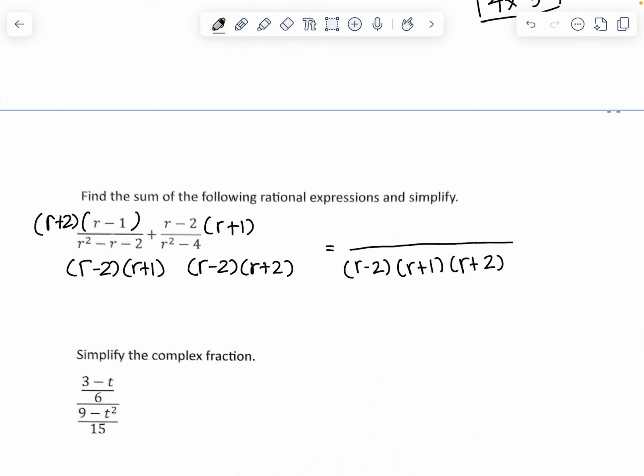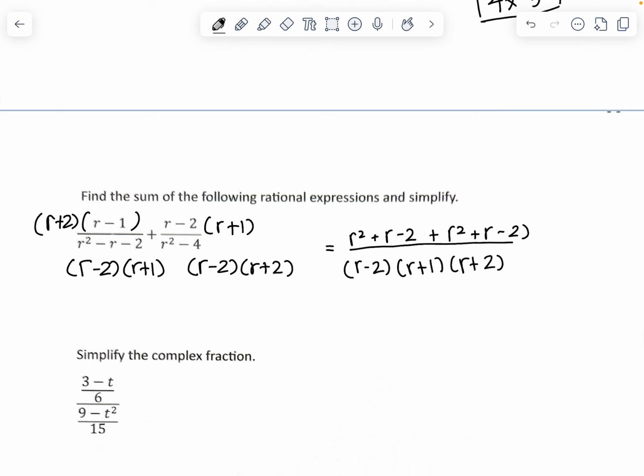Okay, so multiplying this, I get r squared plus r minus 2, plus r squared plus r minus 2.